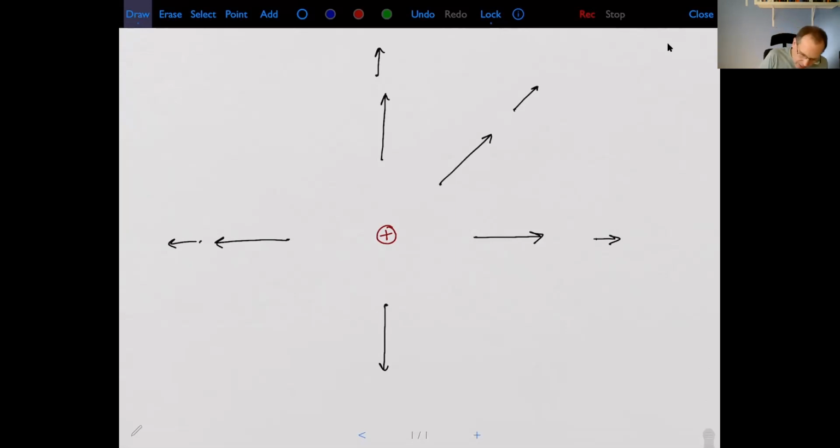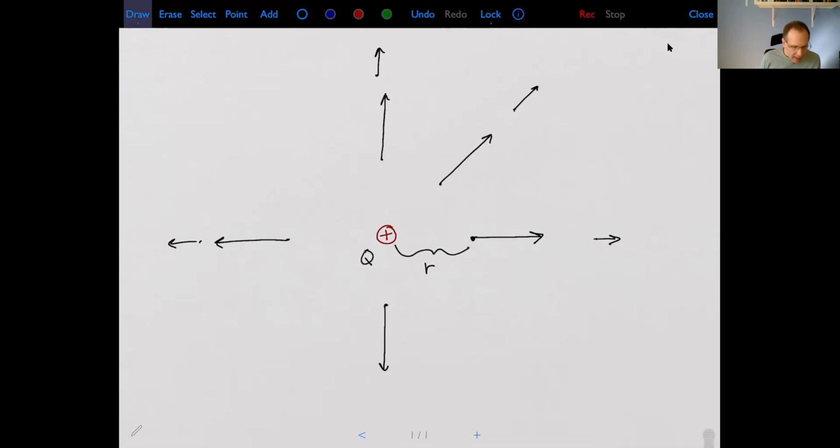Okay, so if this is the charge Q, let's say we want to calculate the electric field right there. This is the distance from the charge to the location at which we want to compute the electric field. I'll call that R. Then to find the magnitude of the electric field, we already know the direction. The direction is going to be radial, so it'll be away from the positive charge or towards a negative charge.